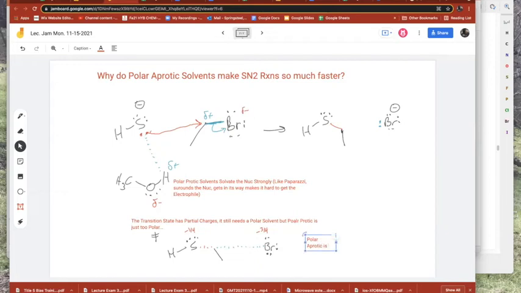The polar aprotic is polar enough to help stabilize the transition state, but not too polar to solvate the nucleophile. I know I said too much and too much. I hope it's making sense.